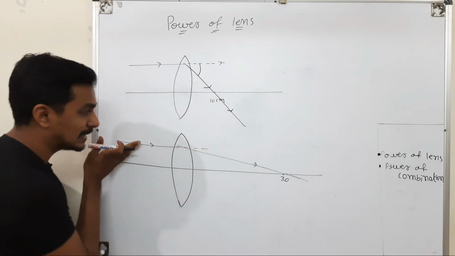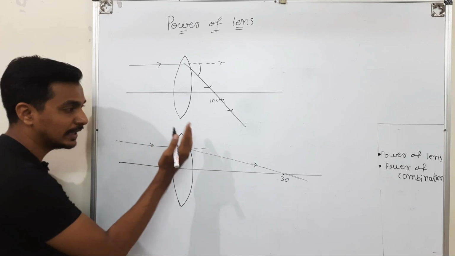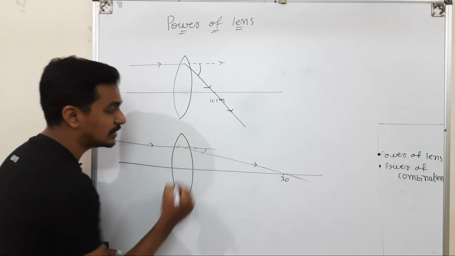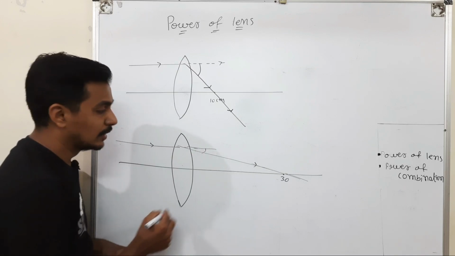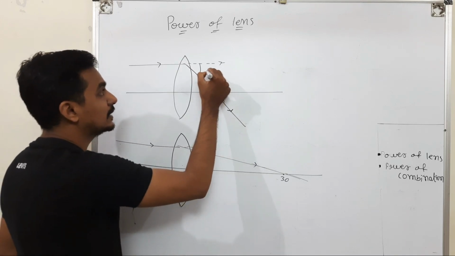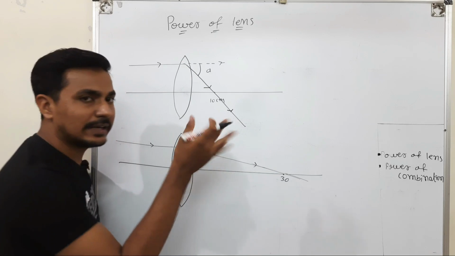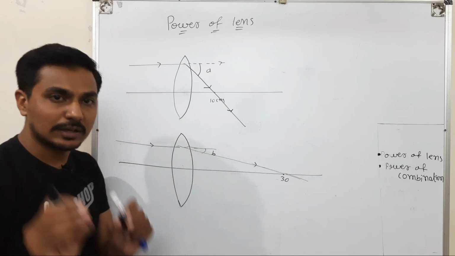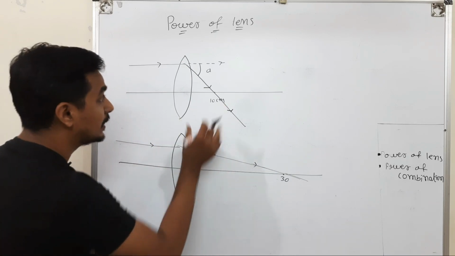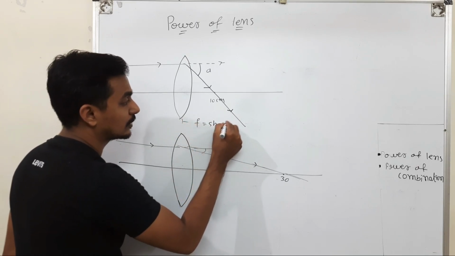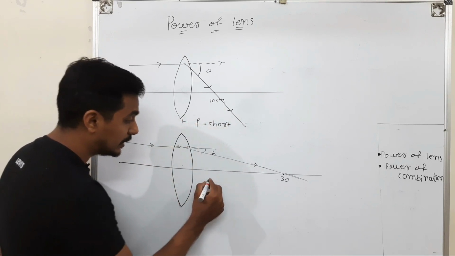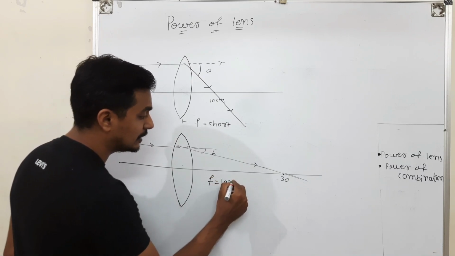Here also the ray is passing parallel, but due to the lens it bends. In which case is the bending more? Let us say this angle is A and this angle is B, just for our convenience. Here the focal length f is very short, and here the focal length is large.